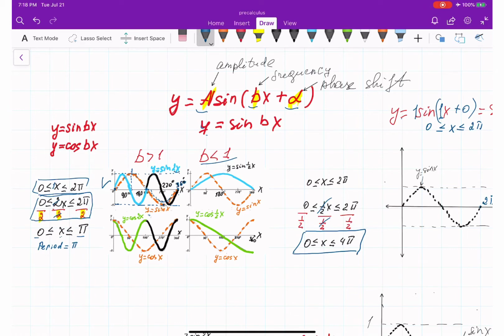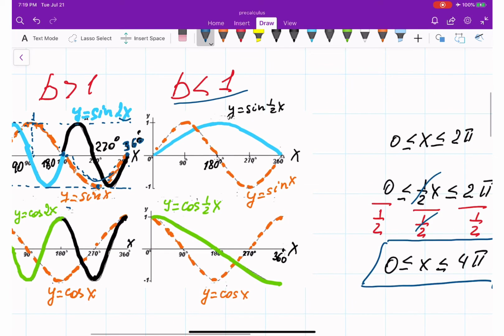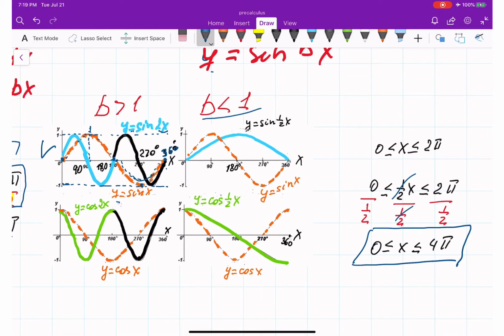So when b is less than 1, then your sine wave is stretching. If it's greater than 1, then sine x is shrinking. Let's see. So one period is 4 pi. If one period is 4 pi, then in 360, 2 pi is going to fit only half of the wave, correct? So here it is, 360 degrees. This orange color dashes, it's sine x, you can see. And from 0 to 2 pi or 360 degrees, you can fit only one wave.